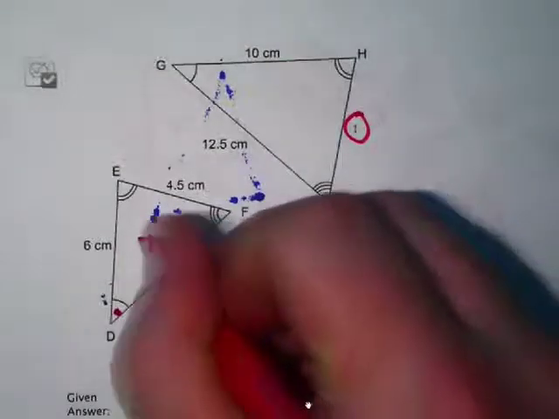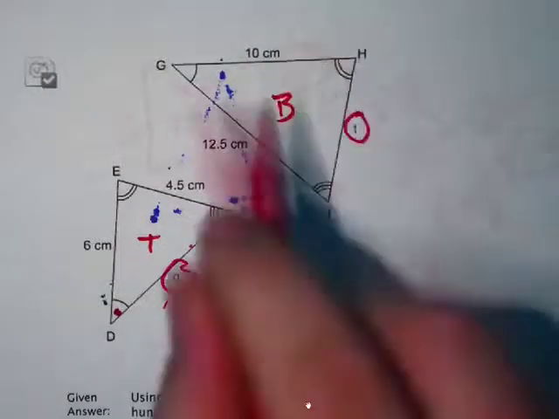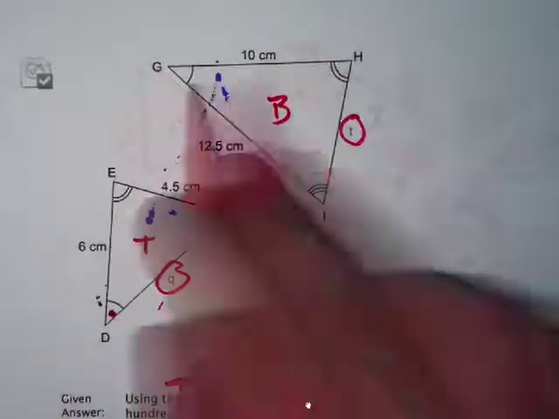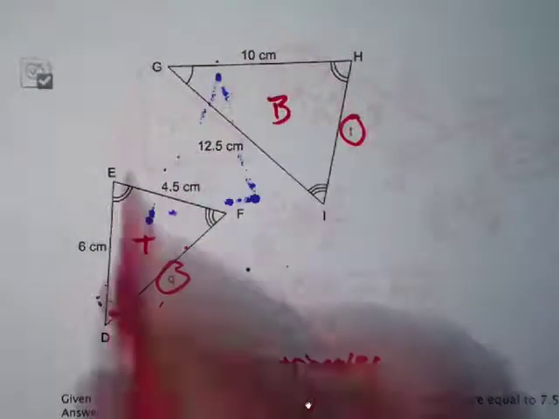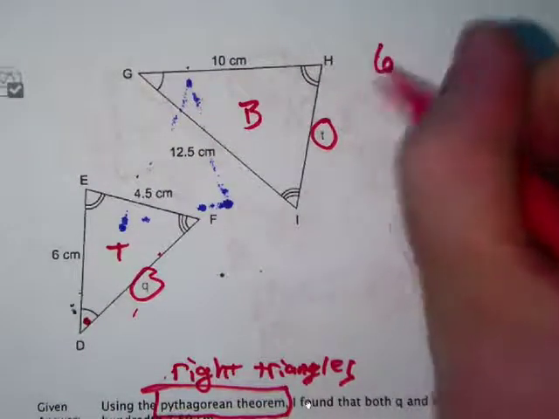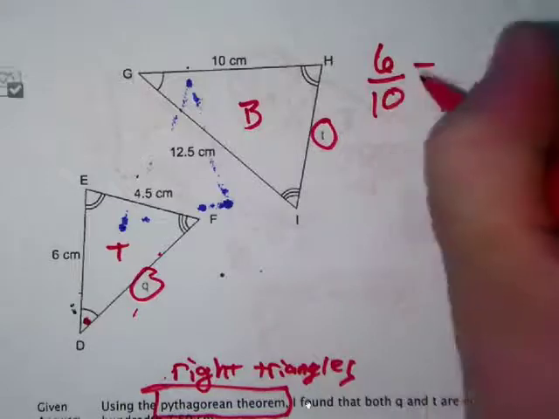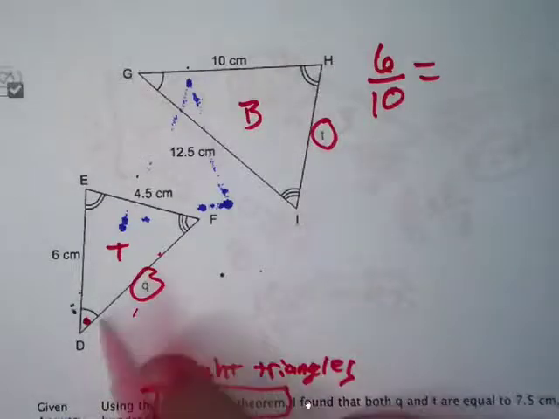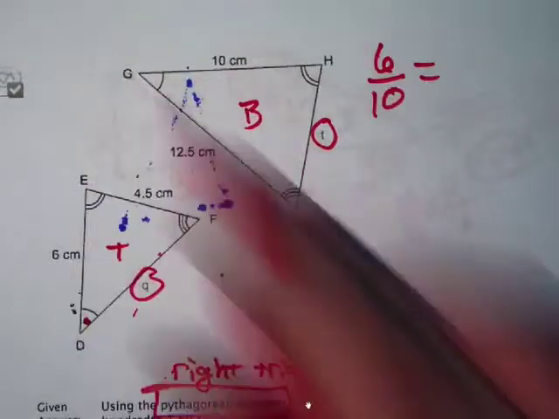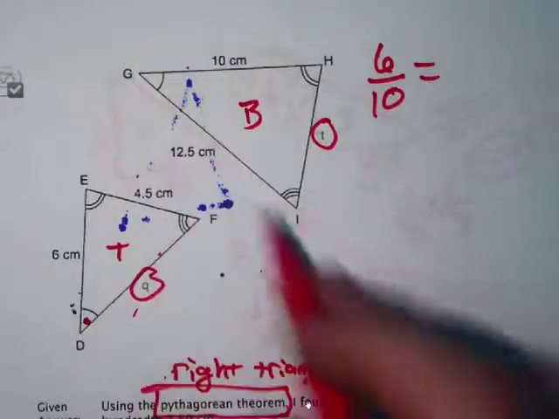So we're going to say this is the top and that's the bottom. So from angle 1 to 2 is 10. See how I'm just counting 1 to 2 and then getting that number? It just makes it easier. So we have 6 over 10 equals 1 to 3. So we can find Q right here.